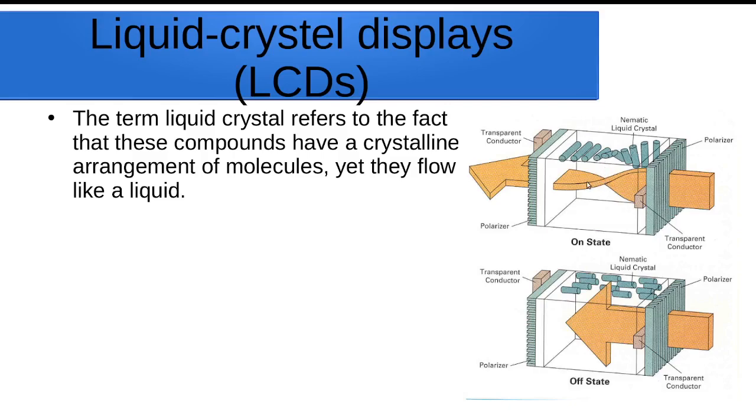So the light twists and comes out of the horizontal polarizer, and it is available for the viewers. If you want to set a particular pixel to the off state, you apply a certain voltage to these liquid crystals, and they all align together and are not twisted anymore, and because of that the light is not twisted anymore.